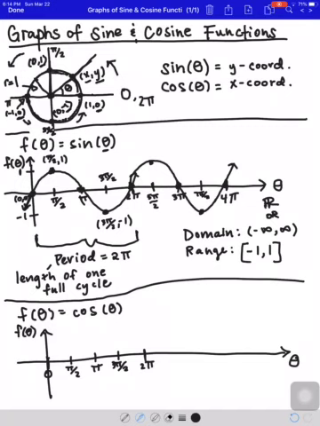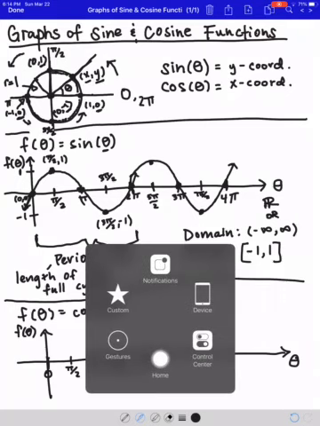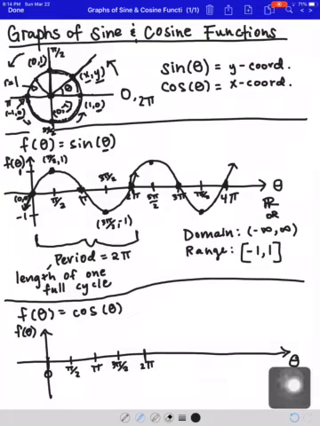Now we have to look to see what the cosine function is doing. Starting at an angle of 0, remember now we're looking at the x-coordinates. So our first point is going to have a function value of 1. So at an angle of 0, my function value is 1. There's the first point on my graph.